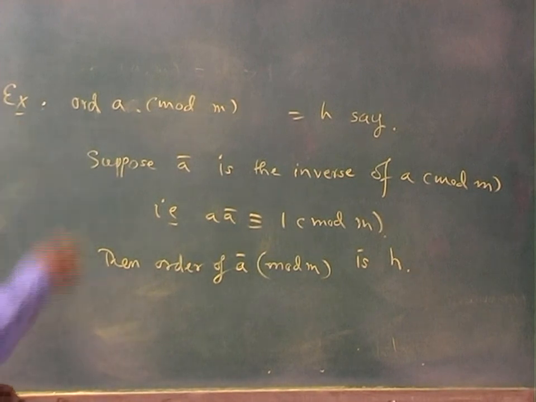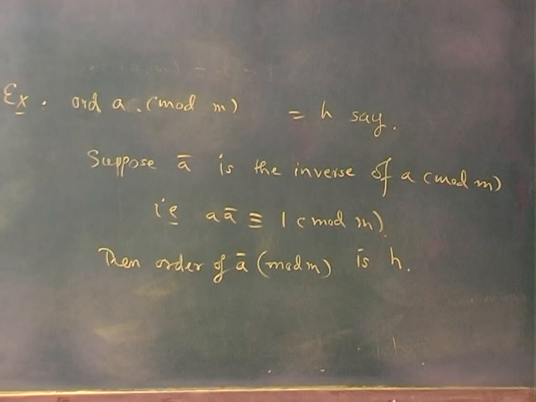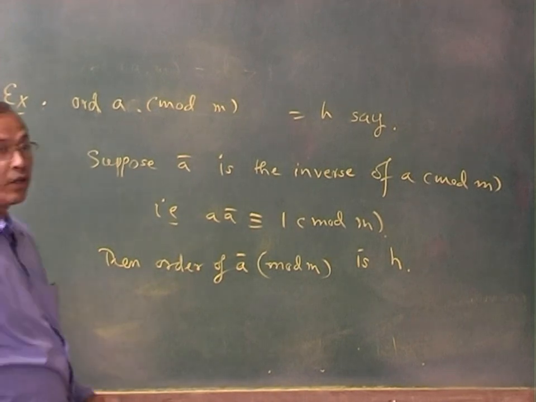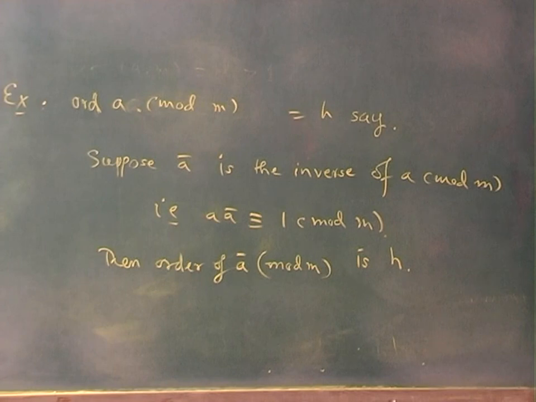Now, what is the LCM of these two orders? It is H. Is the order of A bar equal to H? No, because A bar is 1 modulo M. And what is the order of 1? It is 1.